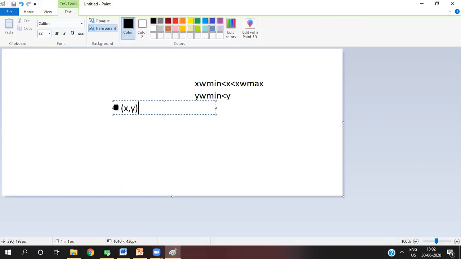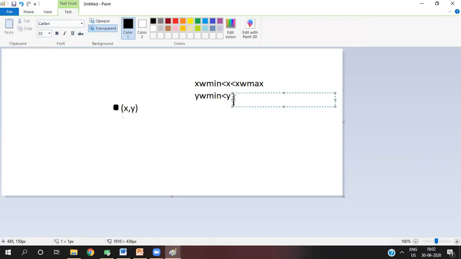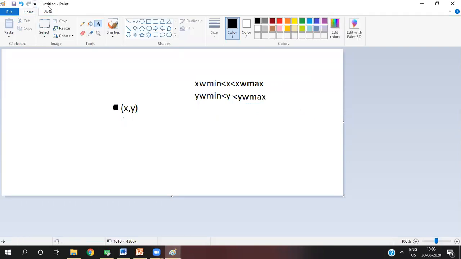Then y less than yw max, fine. Then you can say the point is clipped basically. You select this, fine. This is the only condition for point clipping.